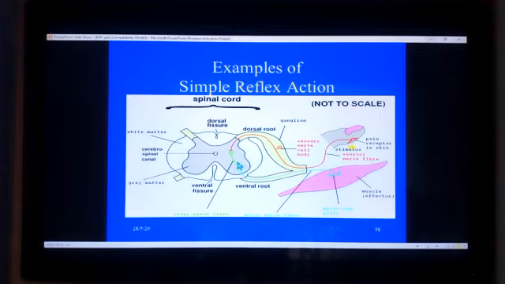The relay neuron, which is entirely found within the spinal cord, picks up the impulse and delivers it immediately to the motor neuron. And the motor neuron connects with the effector, and this is a muscle. So in the muscle, we expect the muscle cells to contract, and therefore the finger will be withdrawn from the pricking object here.